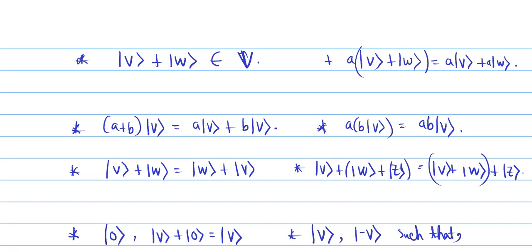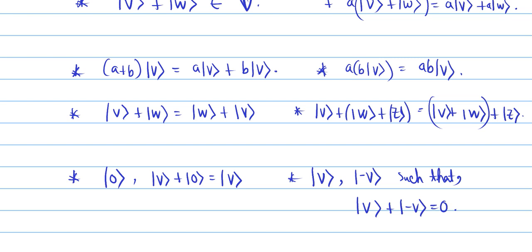What are the 10 rules? If I sum any two vectors, it will produce another vector that will also be an element of our vector space. The order of the multiplication and the order of the sum does not matter.